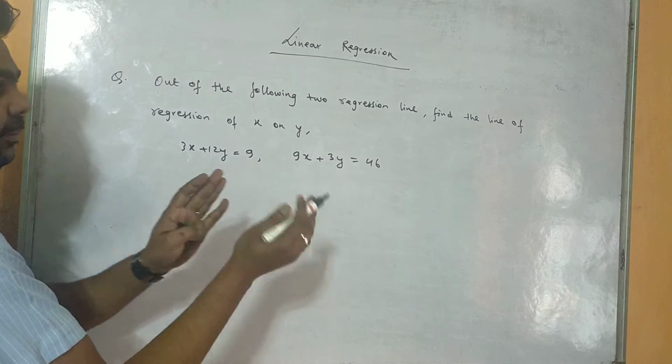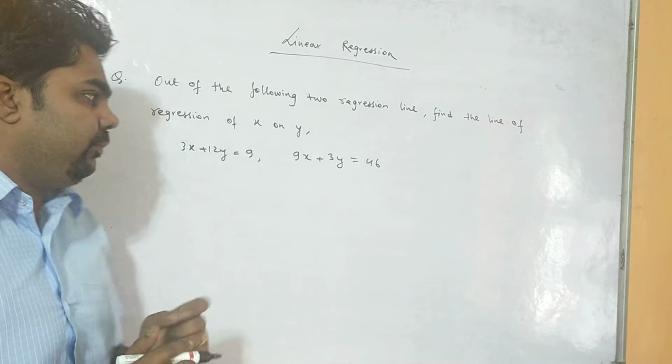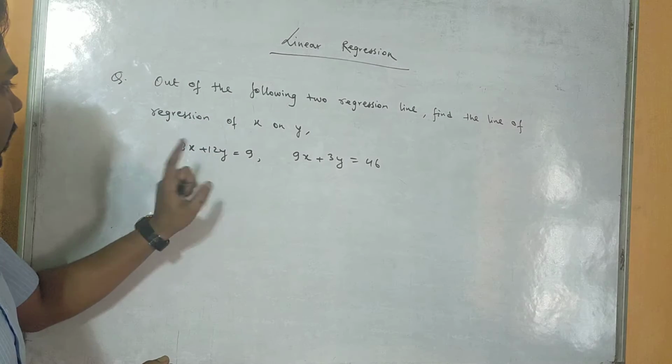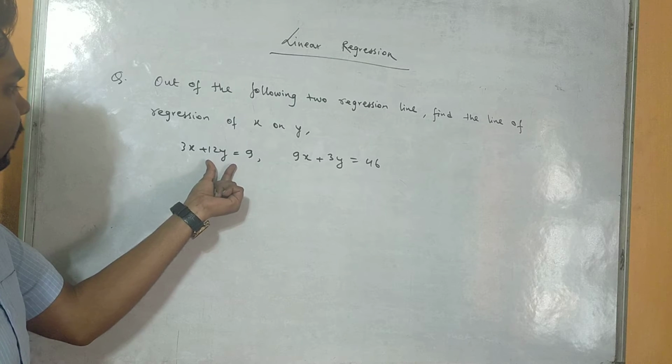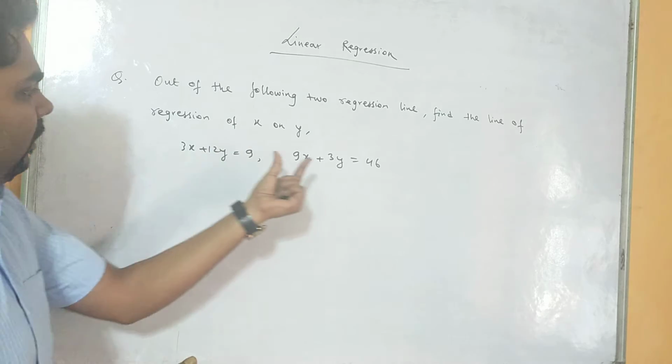Now you see, in my previous class I told you that first we have to see the coefficient of x and y. So in this equation, the coefficient of x is 3 and the coefficient of y is 12. That means the coefficient of y is greater than the coefficient of x here.